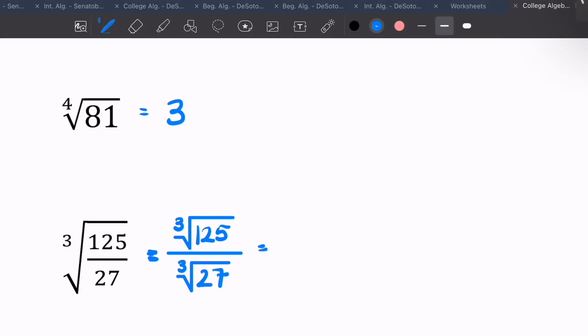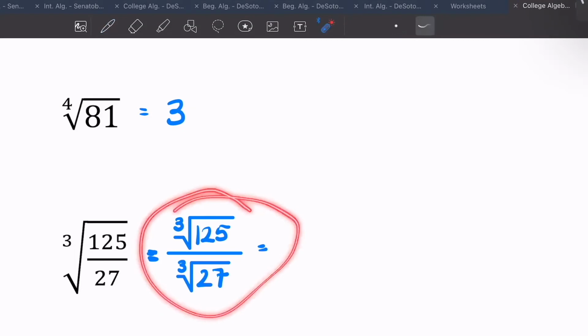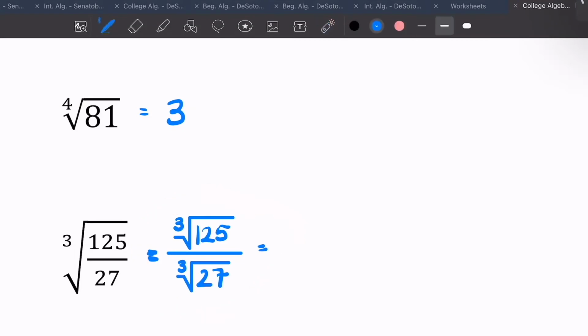This was our division rule. 5 cubed is 125, so we have 5 over, and 3 cubed is 27, so 3.